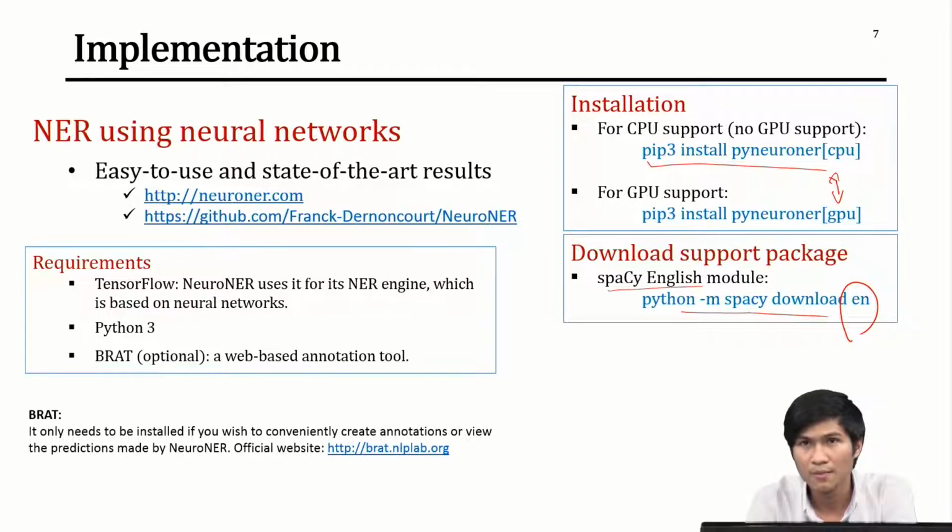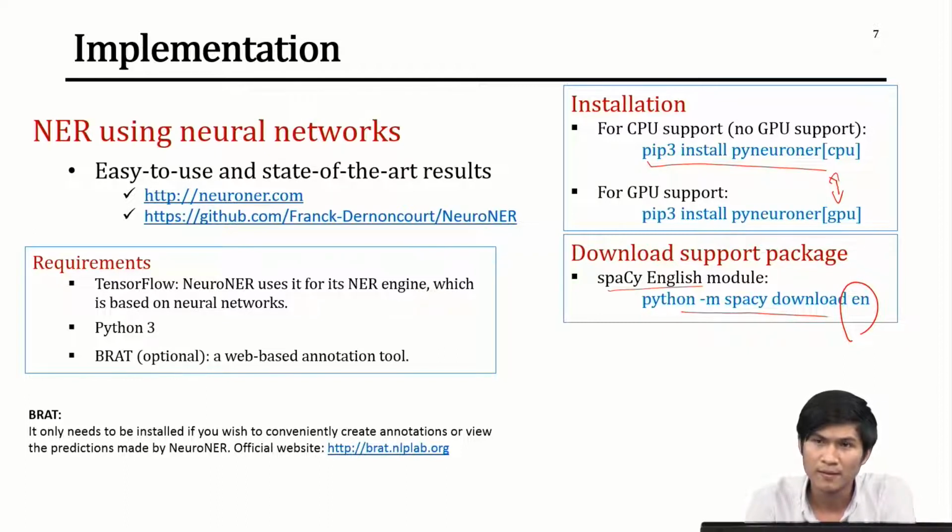And for the requirements to run Neural NER, we require TensorFlow because Neural NER uses TensorFlow for its engine, which is built on top of neural networks. And for the programming language, we require Python 3. We cannot run it on Python 2.